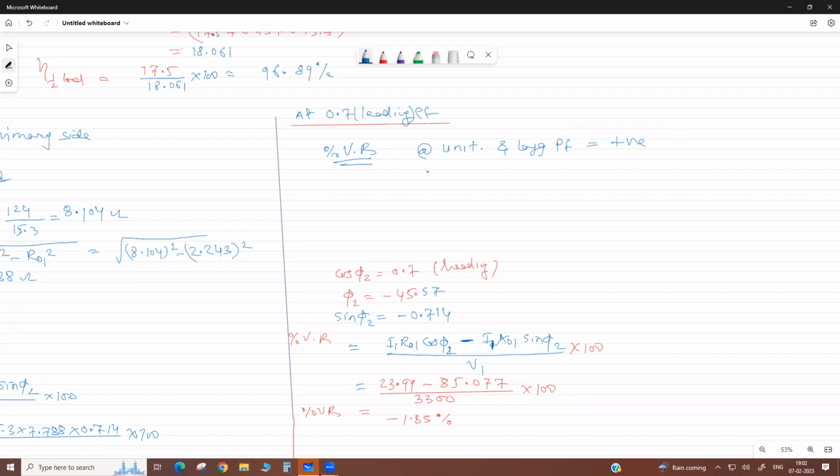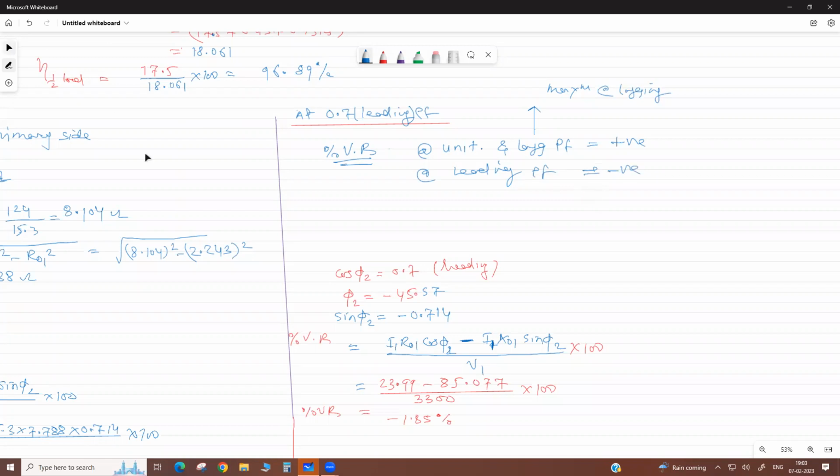Okay, and at leading power factor the voltage regulation is negative, and it is minimum at unity power factor.